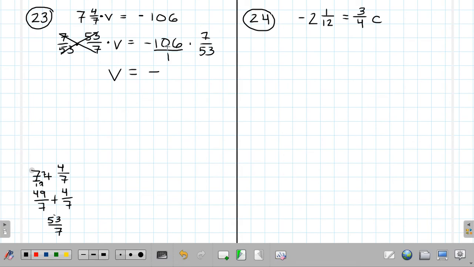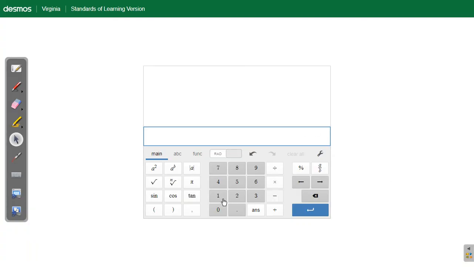That would be 742 over 53. But this is where, once again, a calculator can come and help us, because we could simply just do negative 106 times 7 over 53 and see that it's negative 14.